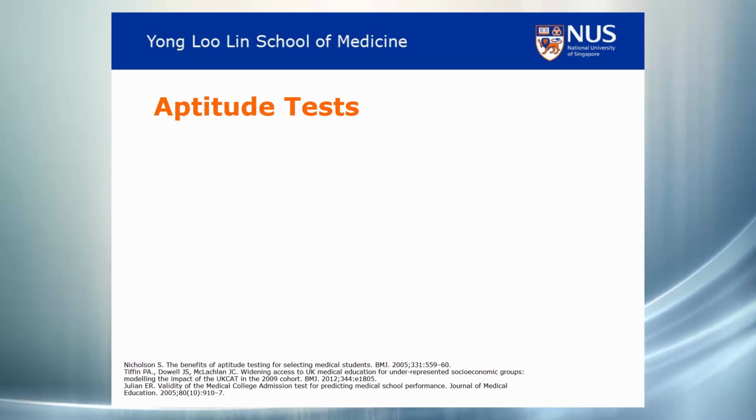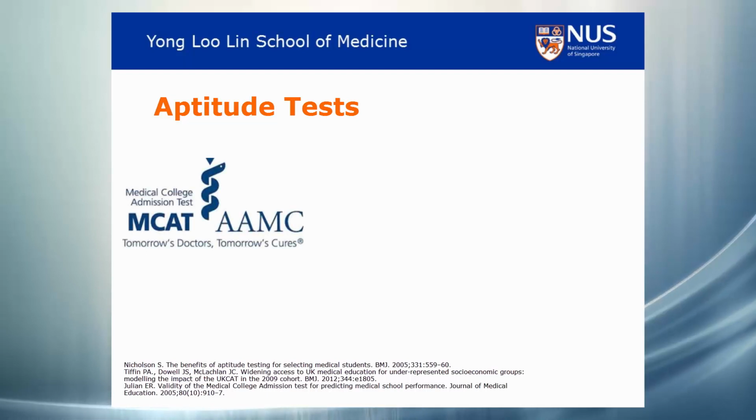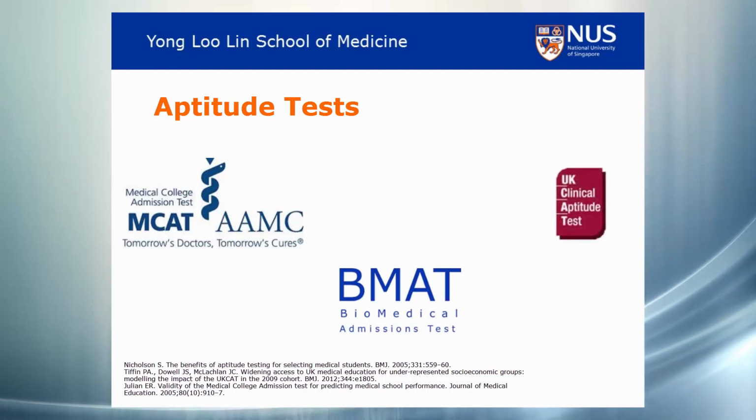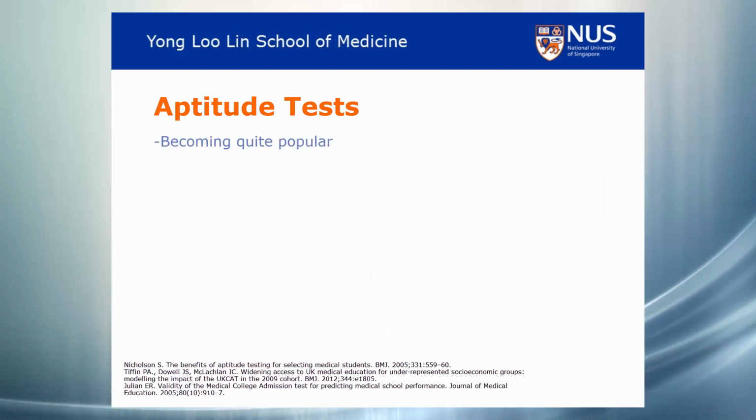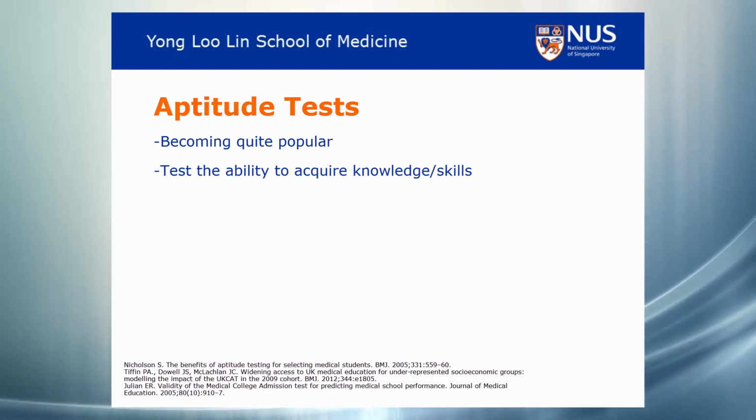The second set of tools are the aptitude tests. These are the Medical College Admission Test, or MCAT, the BioMedical Admissions Test, BMAT, and the UK Clinical Aptitude Test. These are some of the popular ones, and they're becoming quite popular. What they do is test the ability to acquire knowledge or skills, and this is called fluid knowledge.